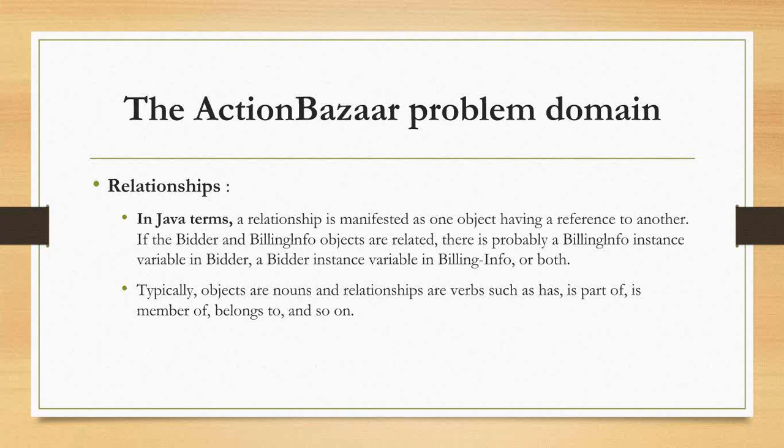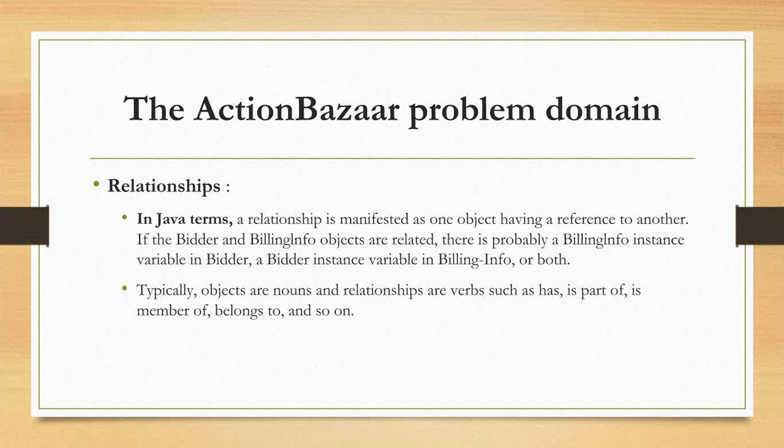For example, if bidder and billing objects are related, there is probably a billing info instance variable in bidder. Yes, you'll add a billing info reference variable in bidder object, I can say. A bidder instance variable and billing info, both. We can do that. Yes, it is possible.